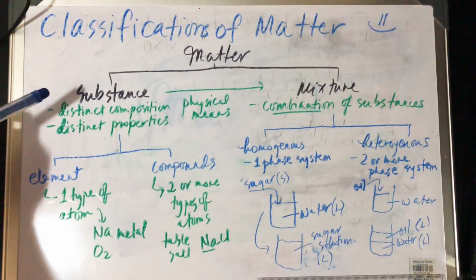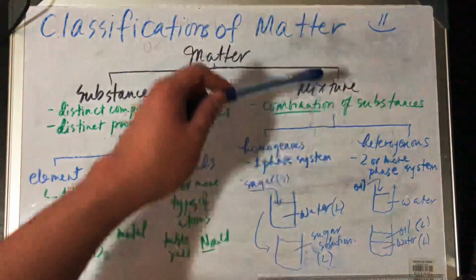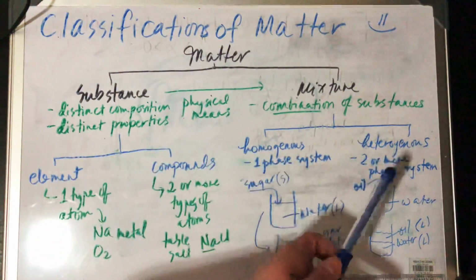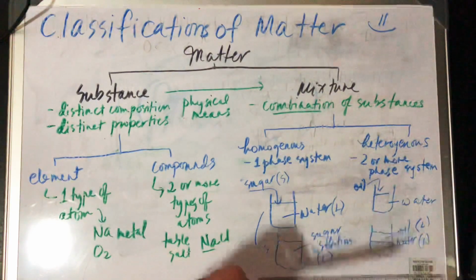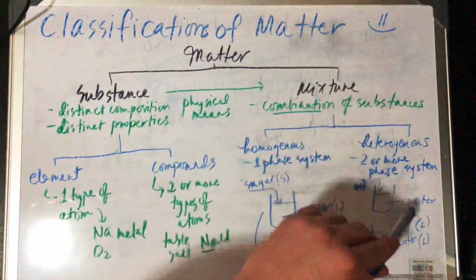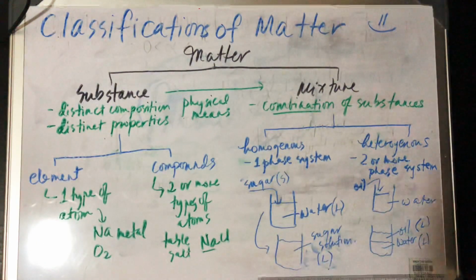Then substances are classified as element and compound. Mixtures are further classified as homogeneous mixture and heterogeneous mixture. Further classification of elements, compounds, and mixtures will be provided in our next videos. Bye!